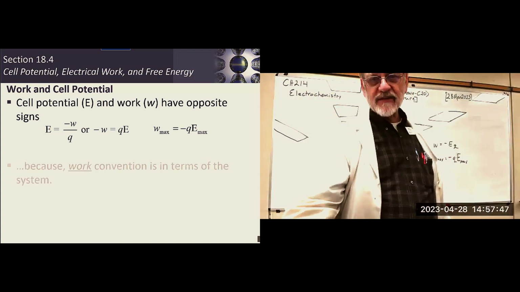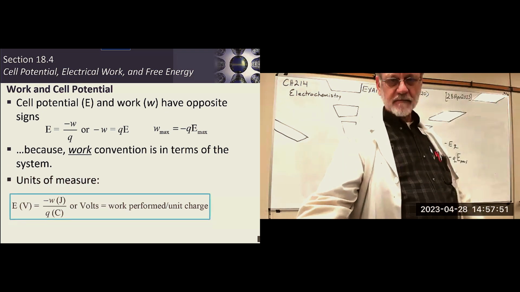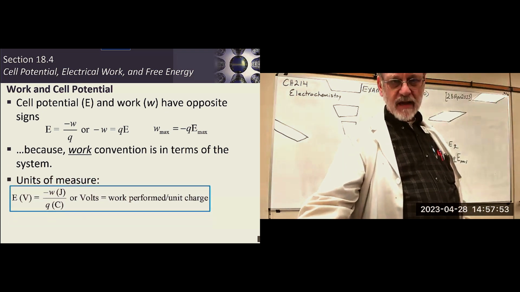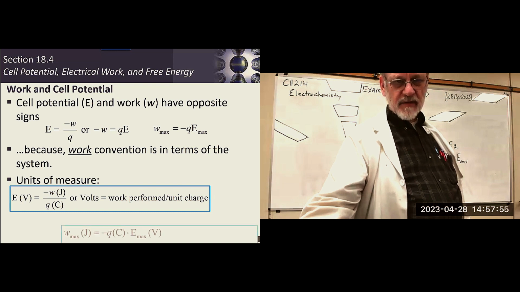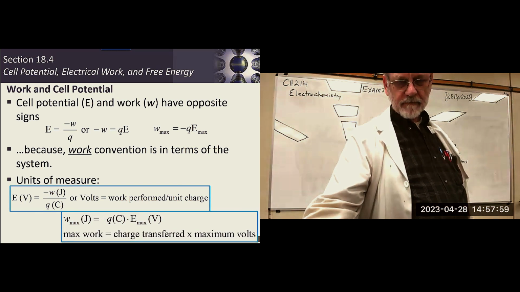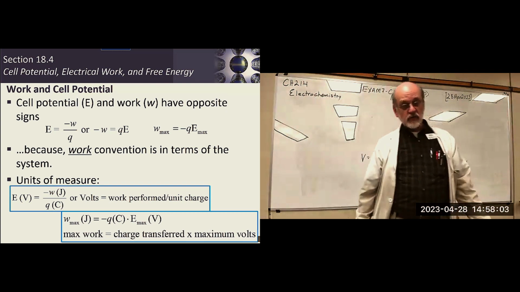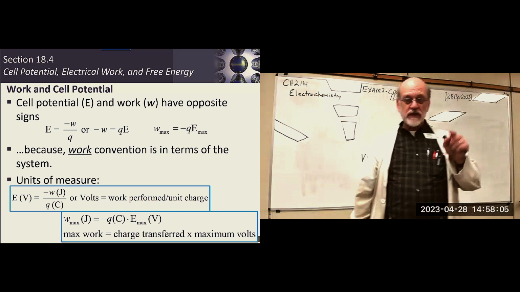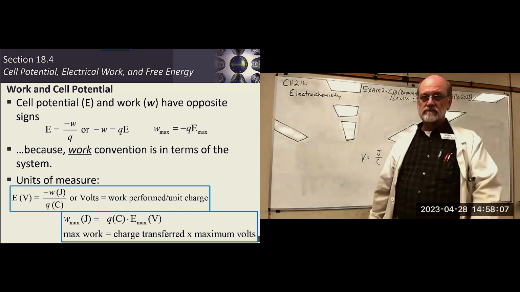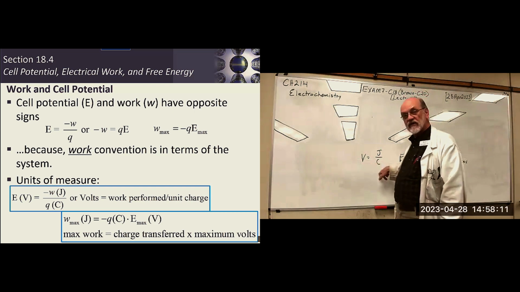What is W max equal to? Must be on the next slide. Well, another way of expressing joules: one joule is 1 coulomb volt. Just rearrange the equation. 1 joule is equal to 1 coulomb volt.